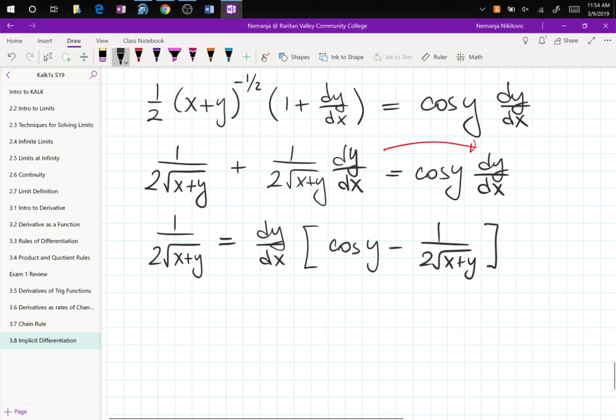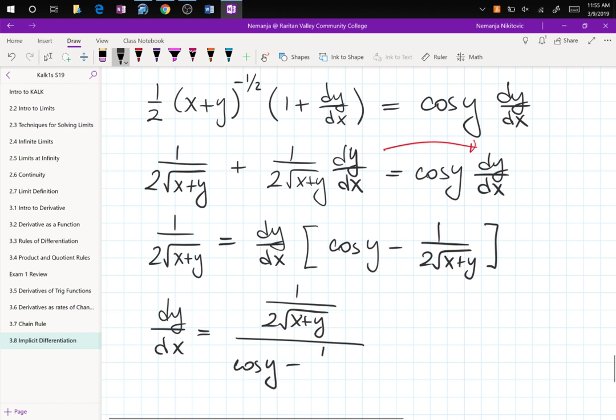So now dy/dx is equal to 1 over 2 root x plus y divided by cosine y minus 1 over 2 root x plus y.